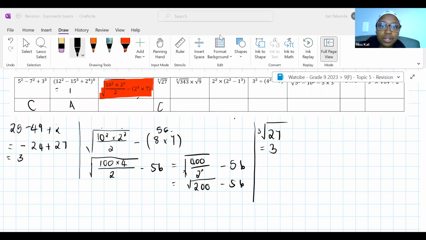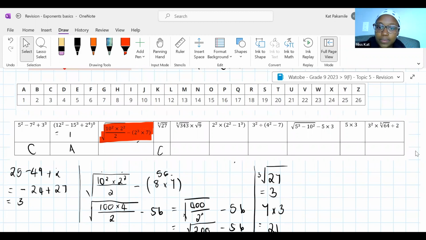Square root of 9, 3. So you have 7 times 3, which is 21. And 21 corresponds with which letter? U. Beautiful. So this would be a U.